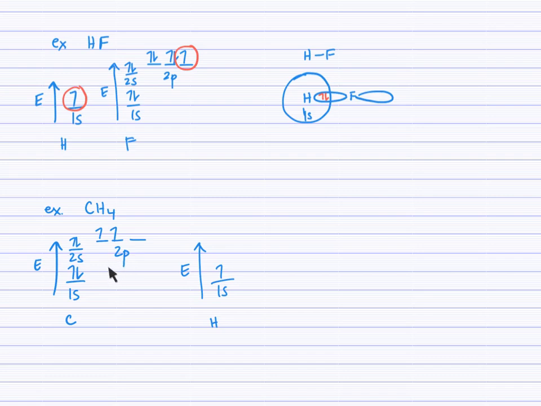And here's where the theory is amended to include the concept of hybridization or hybrid orbitals. So I'm going to underline in red here 4 orbitals: the 2s orbital, the 2px, the 2py, and the 2pz.